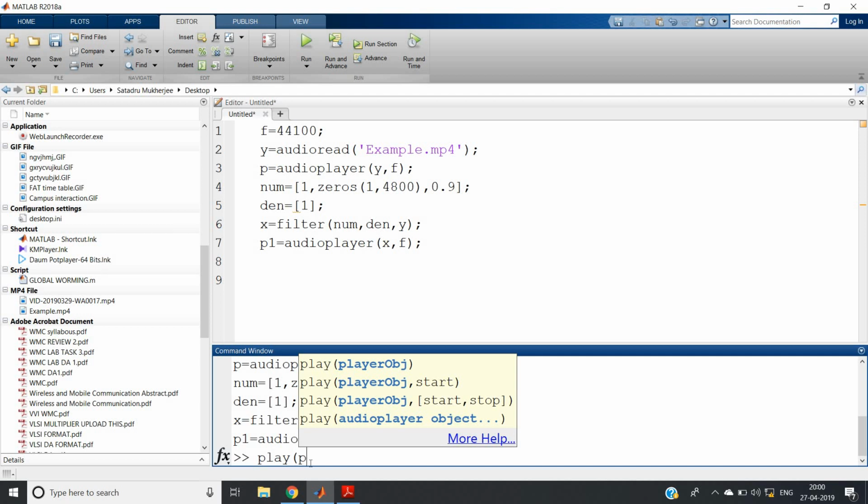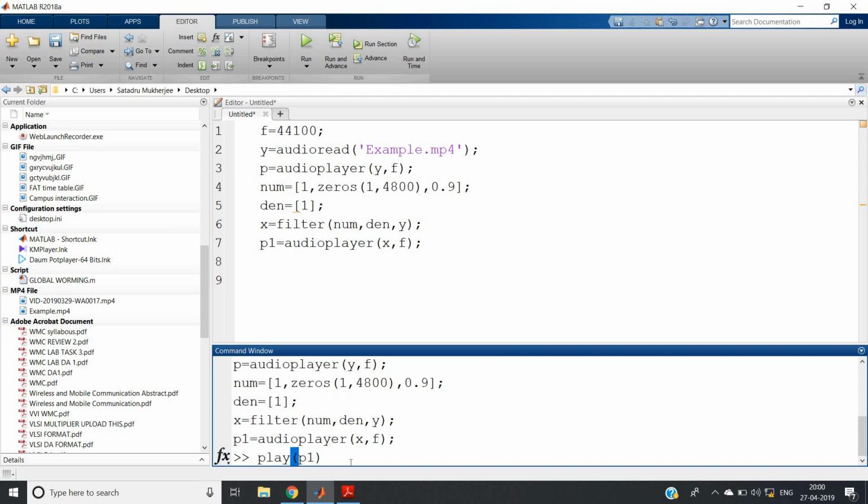Now listen to this signal and you will understand that yes, there is echo. I hope you have identified the echo part. So let me stop this.